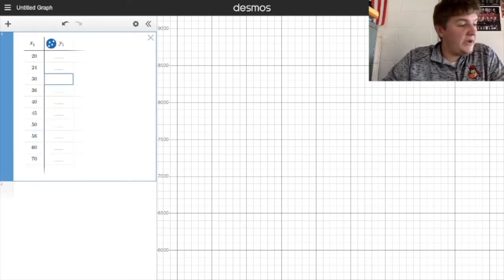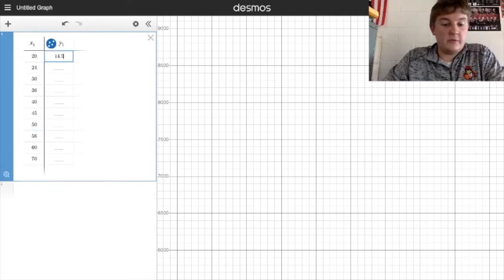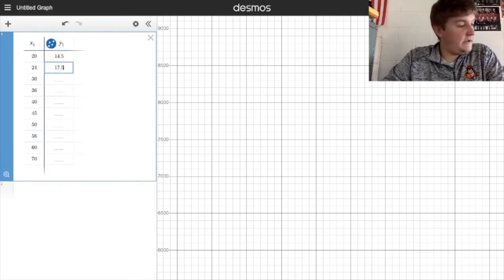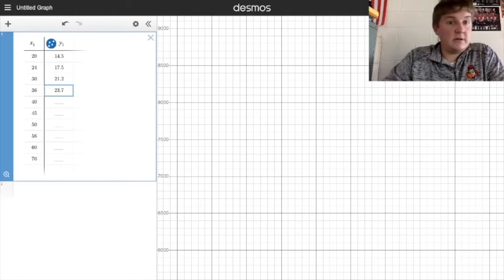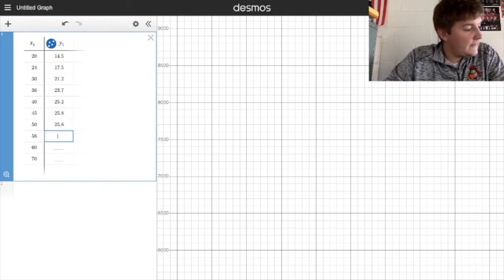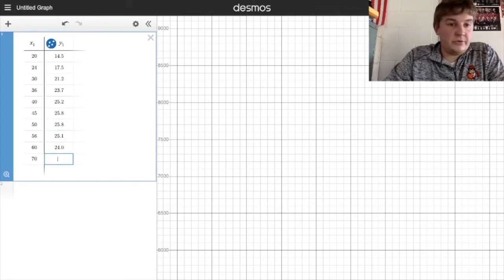And then the miles per gallon based on those speeds are 14.5, 17.5, 21.2, 23.7, 25.2, 25.8, 25.8 again, 25.1, 24.0, and then 19.5.